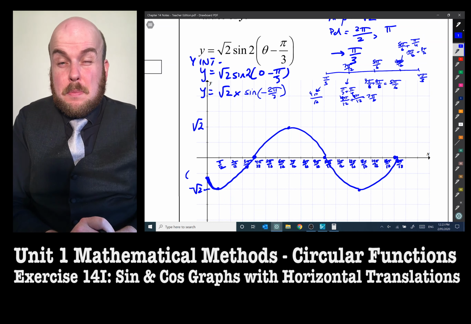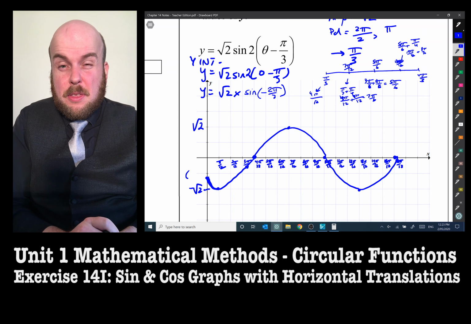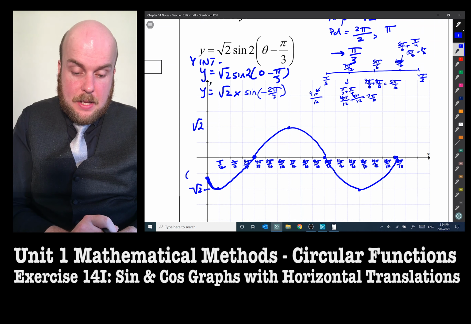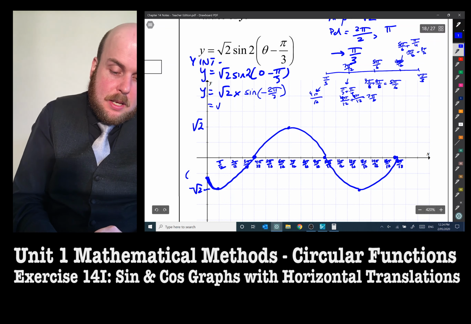Sine of negative 2 pi on 3. That's in the third quadrant. Reference angle's pi on 3, so that's going to be root 3 over 2. And it's a negative, so it'll be root 2 times negative root 3 over 2.